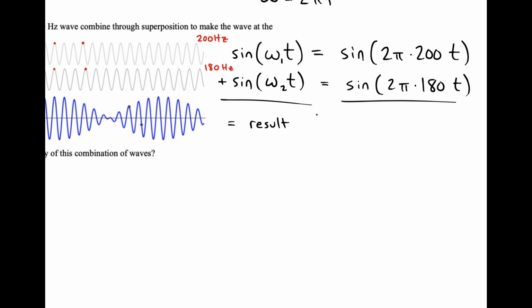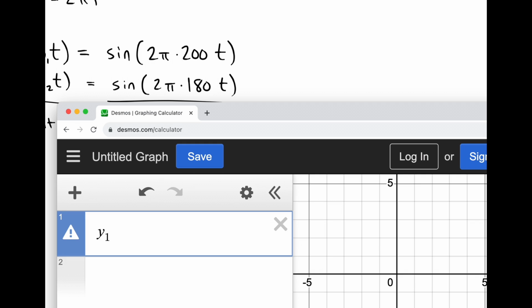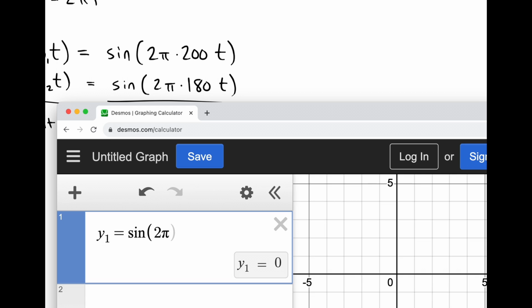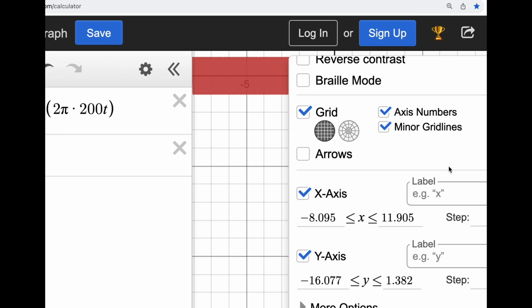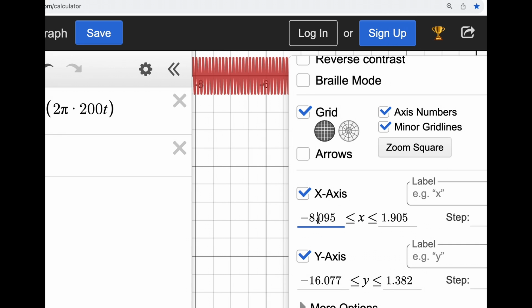In Desmos here, I'm going to add these two waves together, and let's see the picture that we get. I'll define y1 as the sine of 2 pi times 200 t. We're going to zoom in a bit here. I'll change the time axis so that I can see the wave a little more clearly.